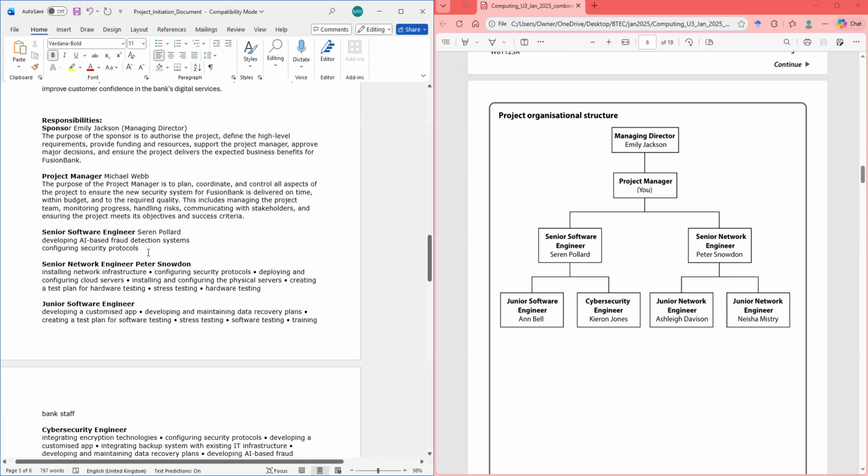Snowden, sorry. Peter Snowden. All right, then we have the junior software engineer Anbel. On the, we have the cybersecurity engineer, which is Kiran.